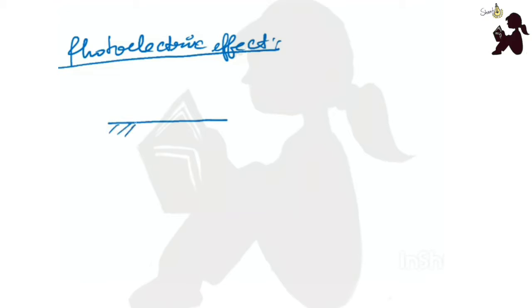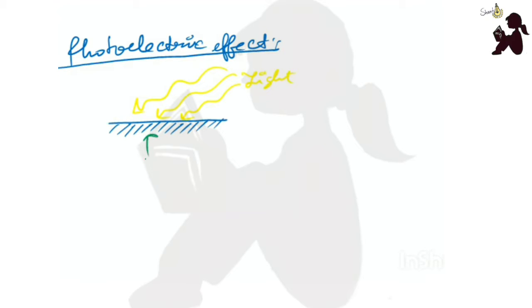See, this is a metal plate like this, and light is incident upon it. It is light. So what happens?